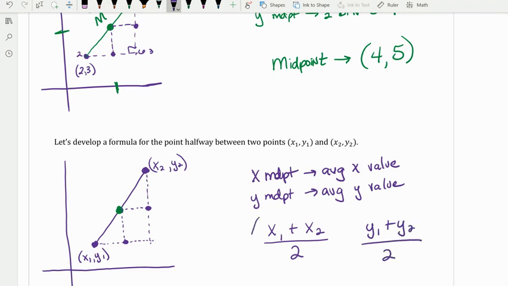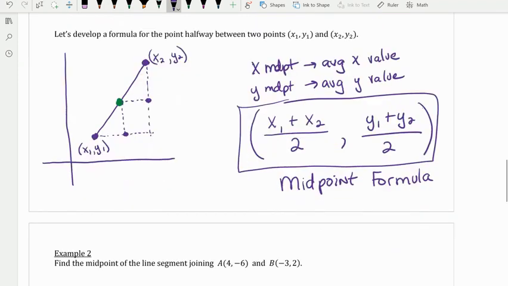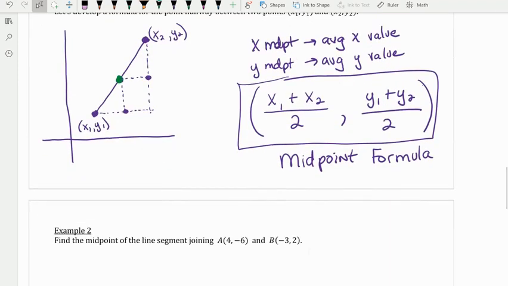And there is our formula to find the midpoint of 2 points. So this is our midpoint formula. And I always remember the midpoint formula by remembering that to find a number in the middle of something, you're finding an average. So to find our x and y midpoint, we're finding the average of those values. Okay, so now again, let's use that formula to try an actual example.